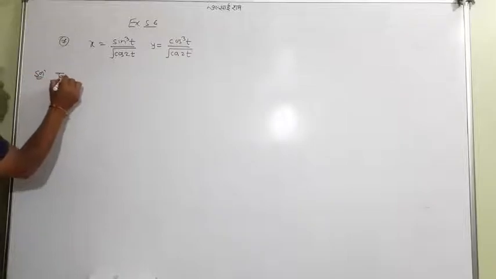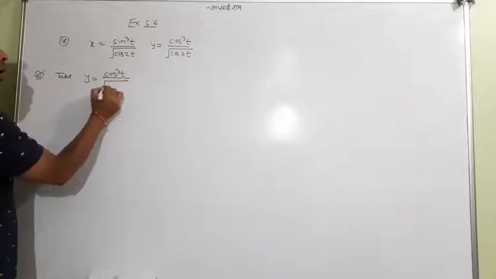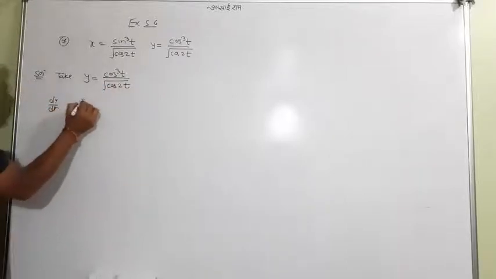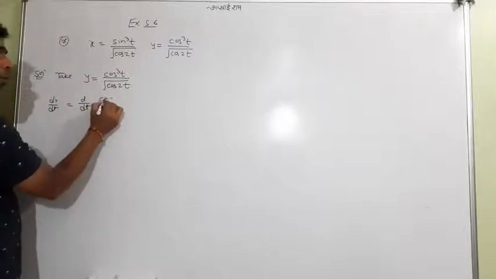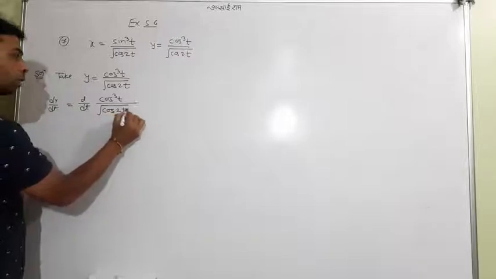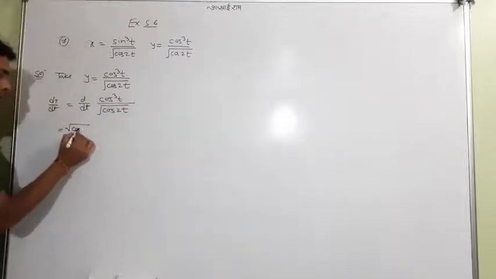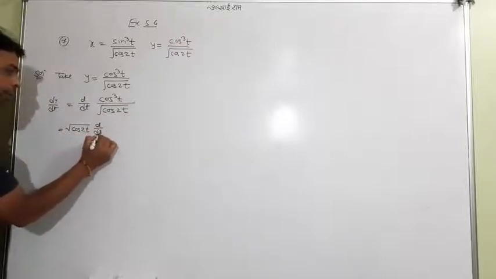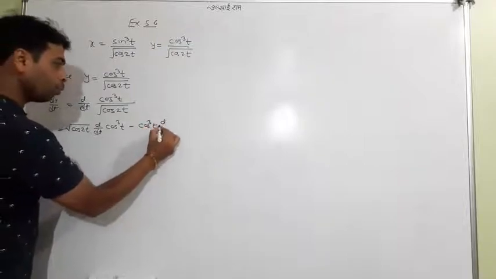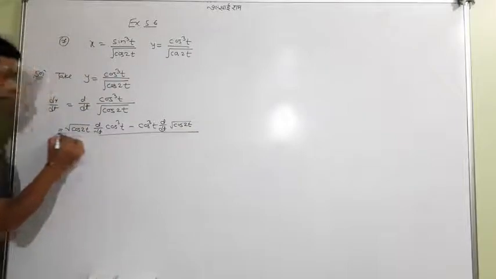Taking y equal to cos cube t upon cos 2t, dy by dt, because the third variable is t. Cos cube t upon cos 2t. Use the division formula. Denominator d by dt of numerator, just opposite, upon its square.